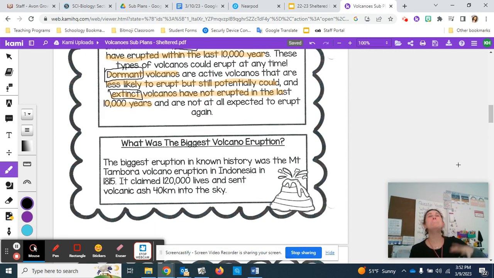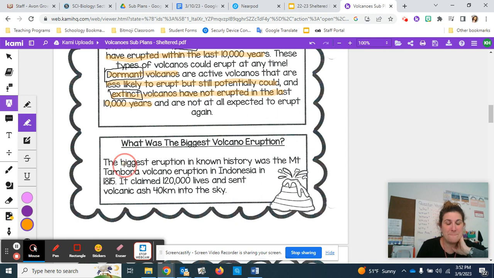What was the biggest volcano eruption? Erupción más grande. The biggest eruption known in history. The biggest eruption in known history was the Mount Tambora volcano eruption in Indonesia in 1815.